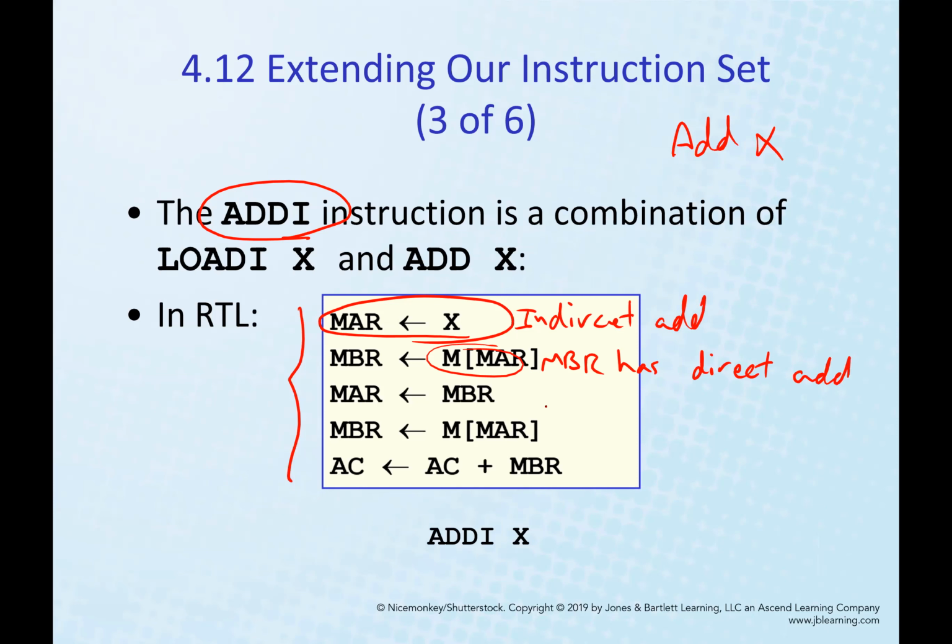Then the direct address moves to MAR. The last step is the data moves to MBR.